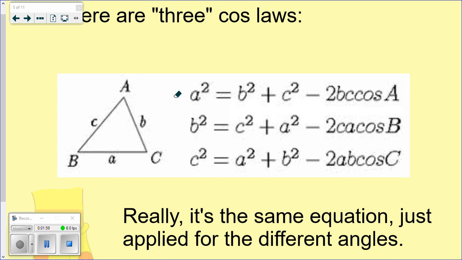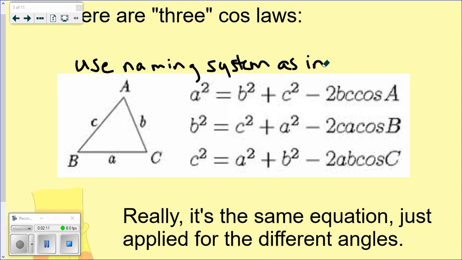Notice though, we use the same naming system as in the sine law. Again, capital A means angle, lowercase a means the length.